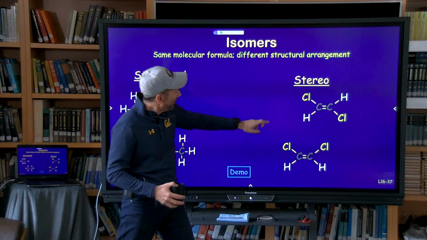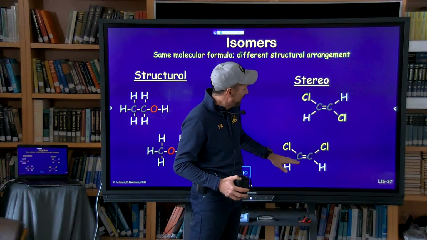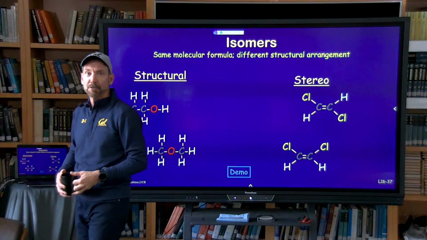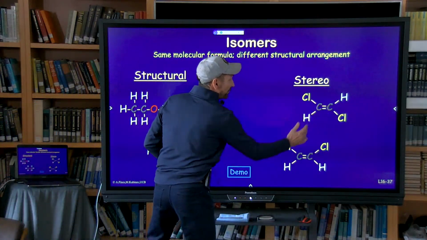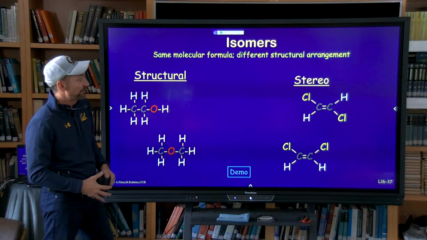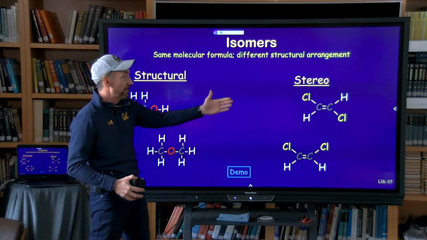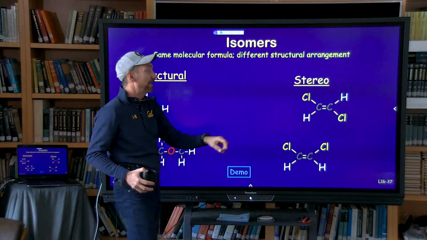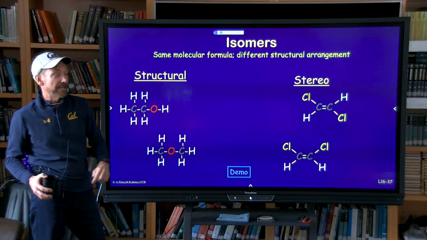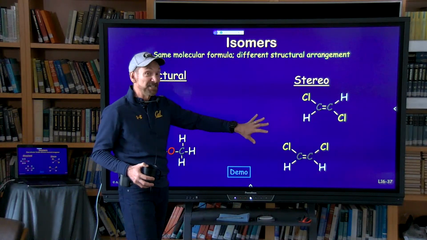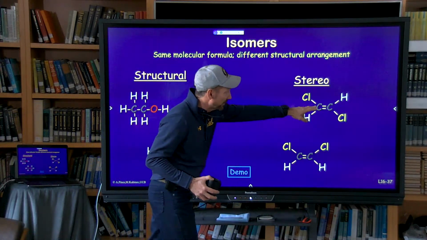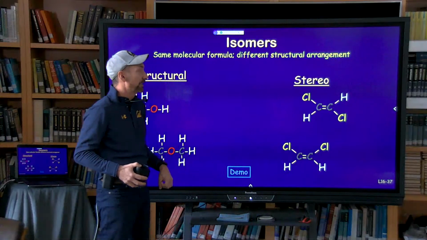Even though all the connections are the same, you can still have isomerism overall if there is a feature of the molecule like this one. So in stereoisomerism, all the connections are the same, but there's a difference in arrangement in space, usually because of some kind of steric interaction.